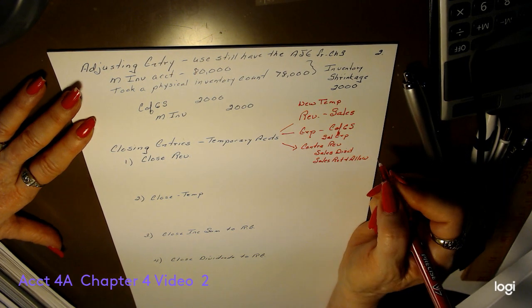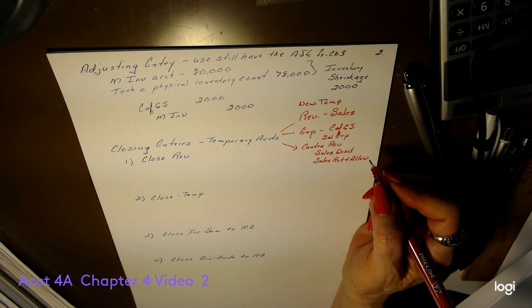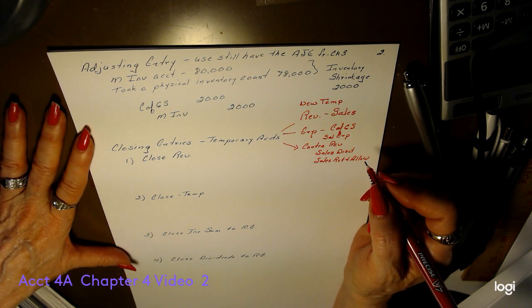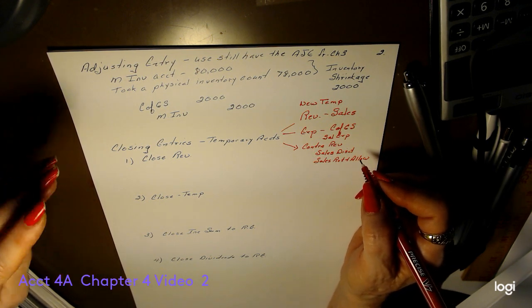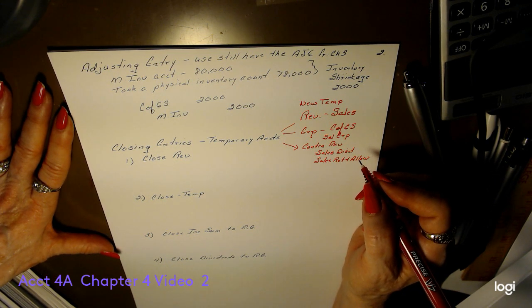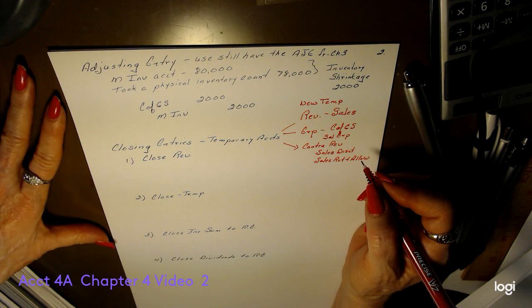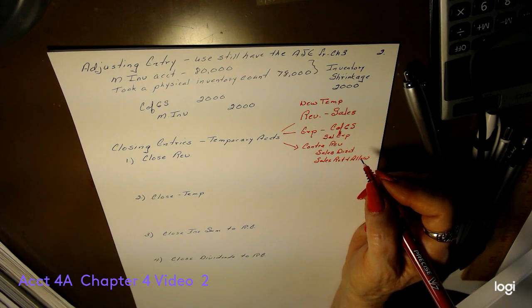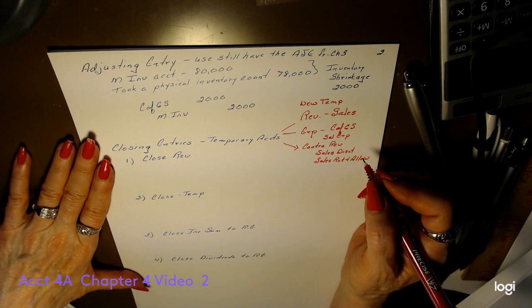So there really aren't any new contra accounts as far as the purchasing side because we're using a perpetual inventory system. We just keep adjusting the inventory account itself. And since our merchandise inventory account is an asset and we use it every time we increase or decrease the value and the size of our inventory, we don't have to do anything about closing that either.